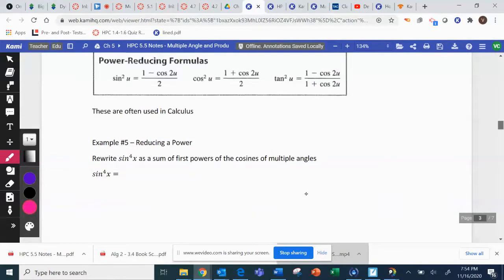So we're going to rewrite sine to the 4th x as a sum of first powers of the cosines of multiple angles. So the first thing that I'm going to do is just look at this sine to the 4th x as sine squared x and then squared. So I can get to this sine squared here.